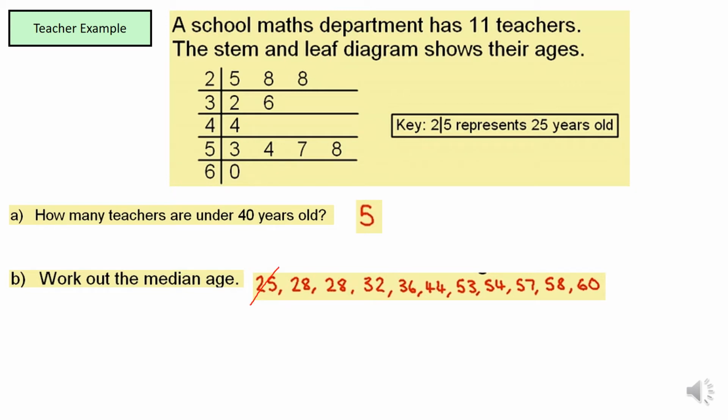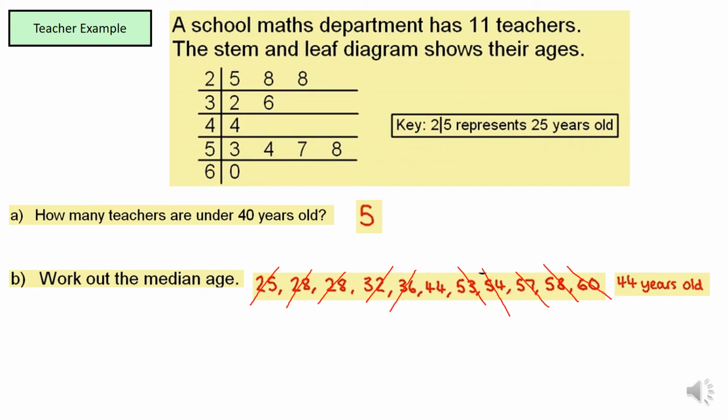One from this direction, one from that direction, again and again, and then we look at which data is left in the middle. I can see 44 is left. So 44 is my median.